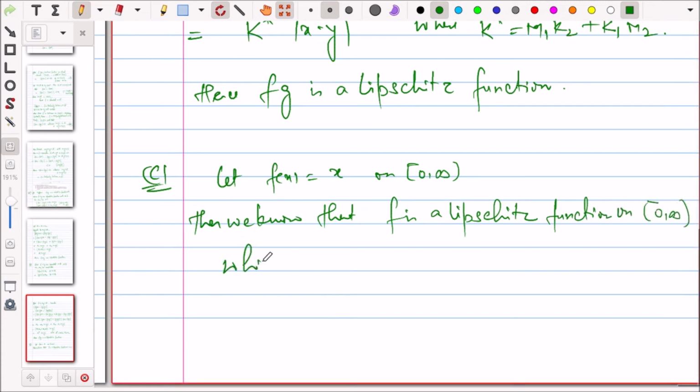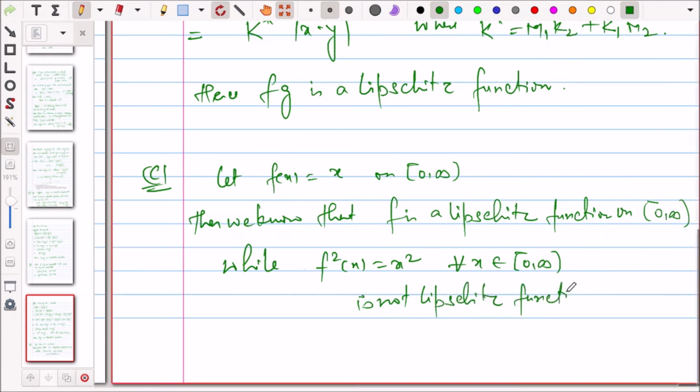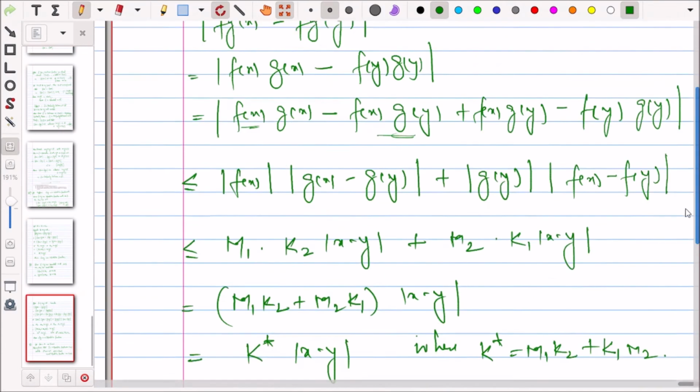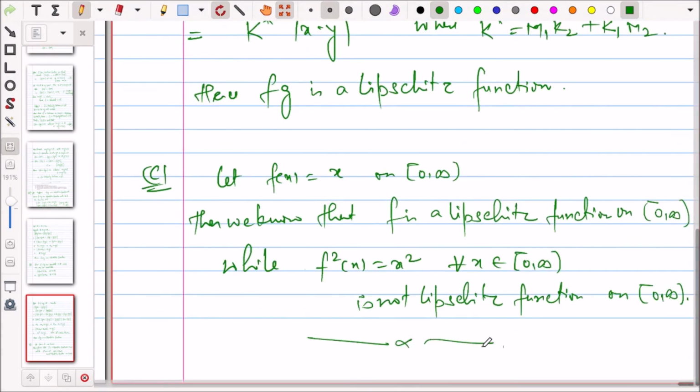While f square of x, which is equal to x square for all x belonging to 0 to infinity, is not a Lipschitz function on 0 to infinity. One can easily show this. So f(x) equal to x is one such example where the function is Lipschitz but its square is not a Lipschitz function. So we have done question number 15. Now let us take the last question of this exercise, which is question number 16.